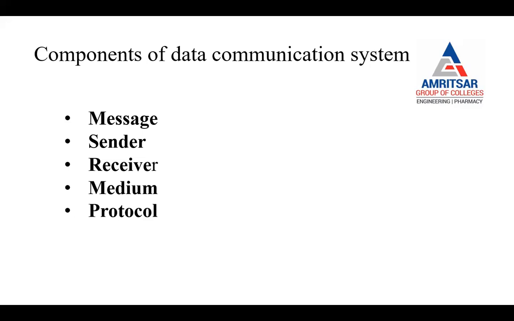Third is the receiver, which is the main part. The receiver is a device or computer that receives the message. The receiver computer is generally in a different location from the sender computer. The distance between sender and receiver depends upon the type of network used in between, whether a local area network or a wide area network.